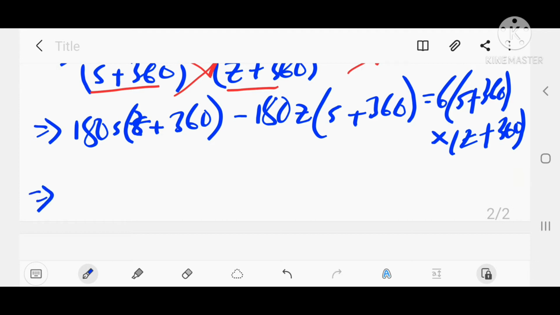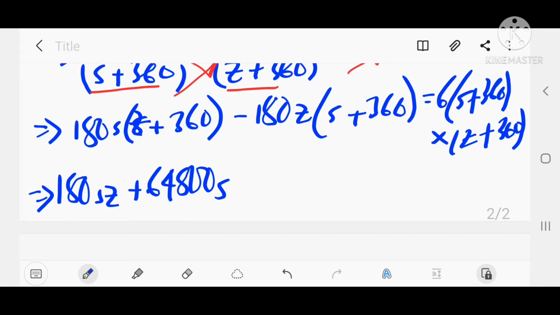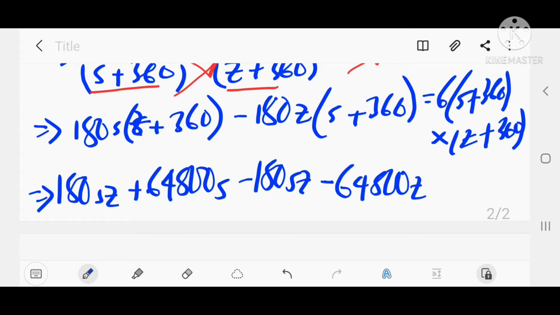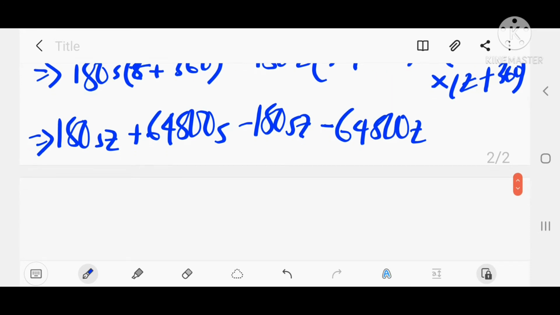This implies that, opening the bracket, we have 180s times z, that will give us 180sz. 180s times 360 will give us 64,800s, then minus 180sz, and minus 64,800z, equals.